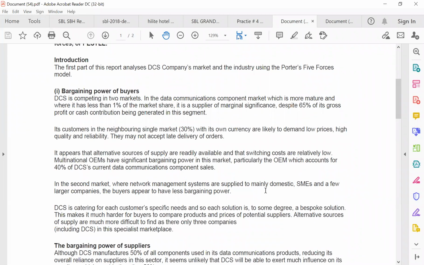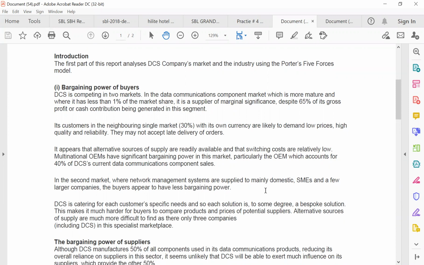Multinational OEMs have significant bargaining power in this market, particularly the OEM which accounts for 40% of the DCS current data communication component sales. In the second market, where network management systems are supplied to mainly domestic SMEs and a few large companies, the buyers appear to have less bargaining power.